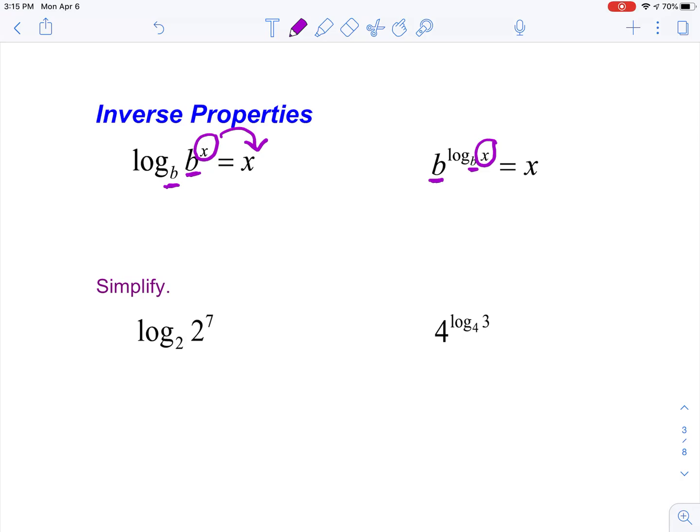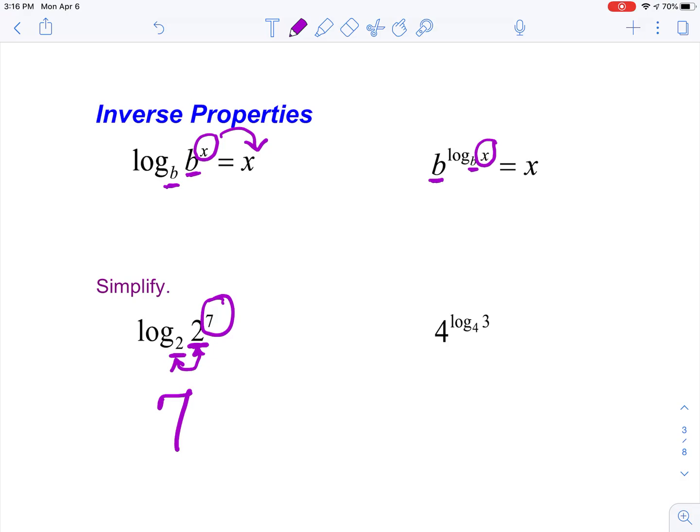So let's look at these next ones to simplify. It's log base 2 of 2 to the 7th power. Here's the base for my log. Here's the base for my exponential. If they are the same, which they are, my answer turns out to be my exponent, which is 7.